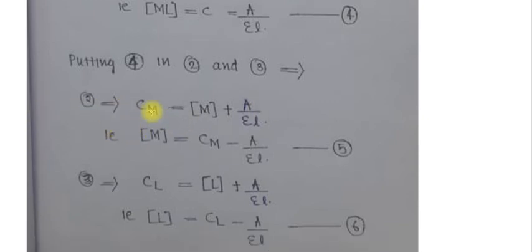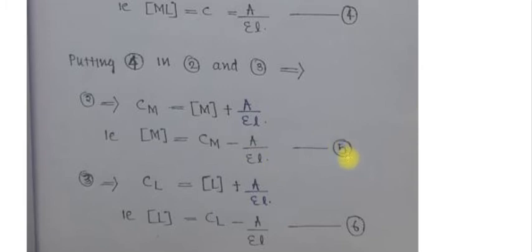ഓക്കെ, ആൻഡ് ദി ഇക്വേഷൻ 2 ഇംപ്ലൈസ് CM is equal to concentration of M plus A by epsilon L. That means the concentration of M will be equal to CM minus A by epsilon L, and that will be equation number 5.